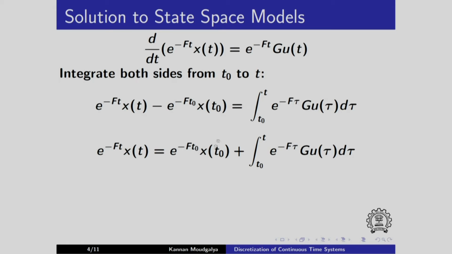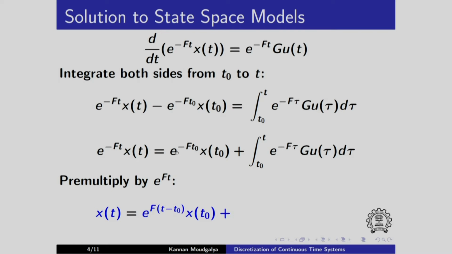We take it to the right hand side, and then pre-multiply by exponential f of t on both sides. We obtain x of t equals exponential f of t minus t0, x of t0 plus, now exponential ft is taken inside, we get this expression.